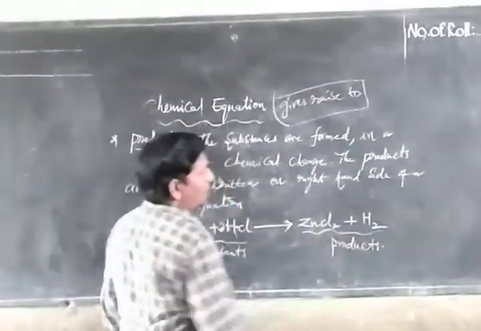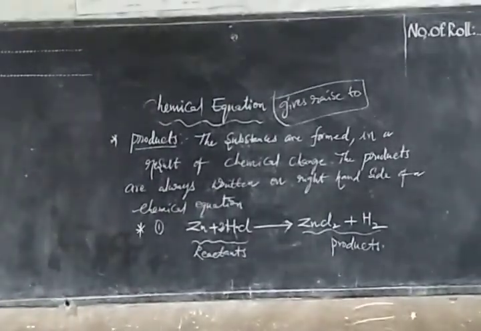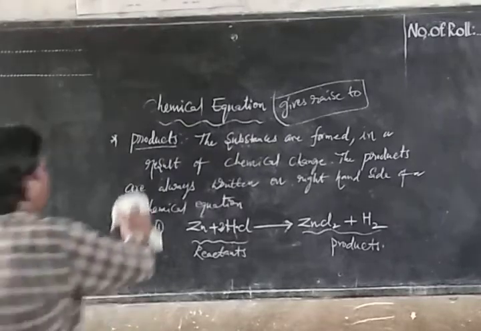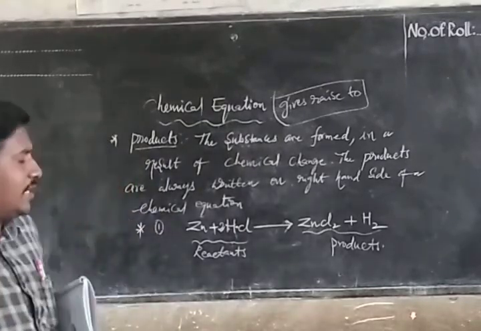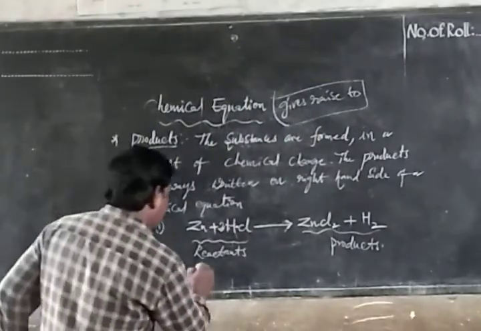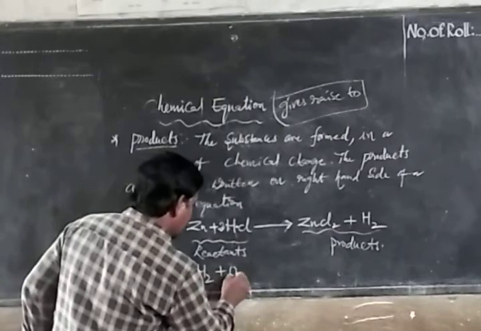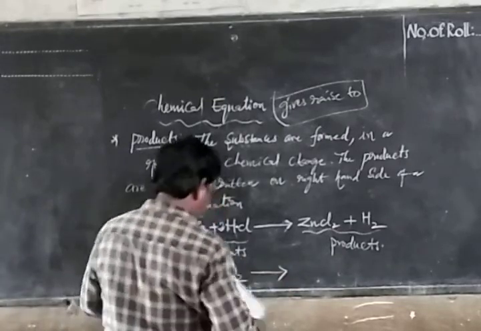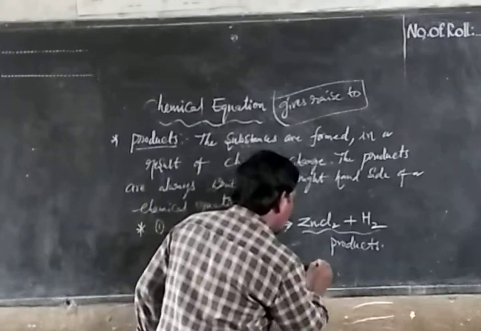Right now, I am writing another example. H2 plus O2 gives rise to 2H2O.